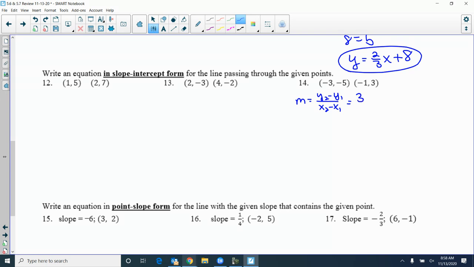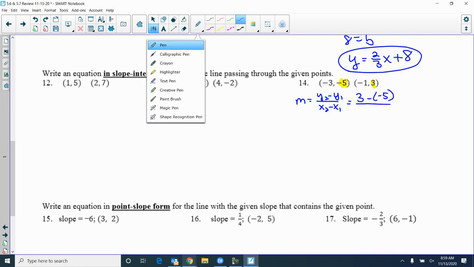So I take 3 minus, so my y's, let me see here. These are my y's. And so I do 3 minus -5, which some of you just go ahead and make a +5, which is fine.